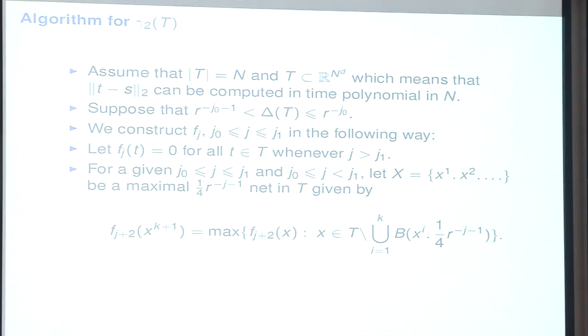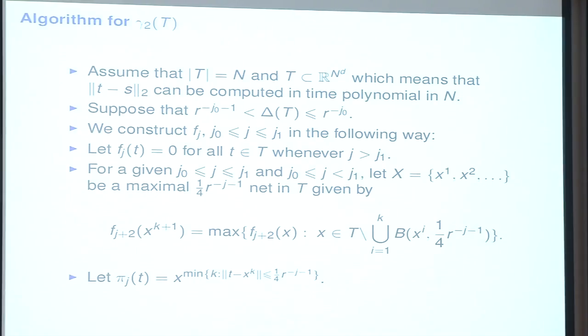In this way, we construct a net which is 1/4 r^{-j-1} separated. Okay, so with each point t, we can match some point which is close enough to point t. If it is separated, we can always find such a point x, and we want to use the one which is first in the order. So the first one which appears is of interest for our purposes.